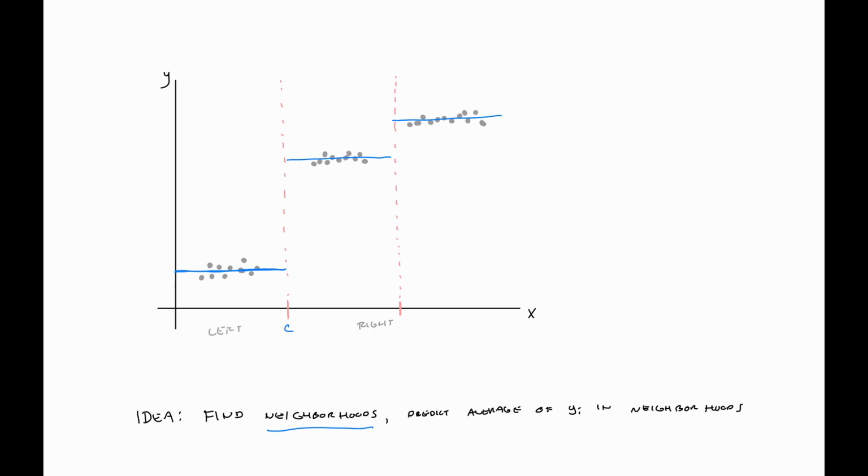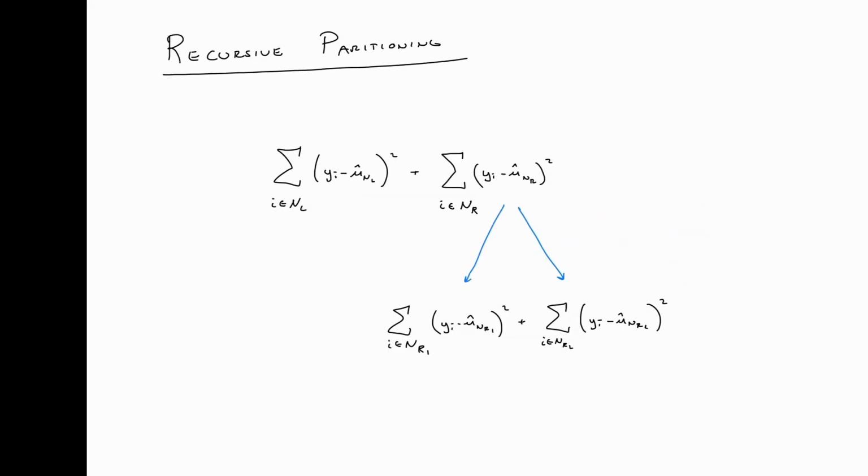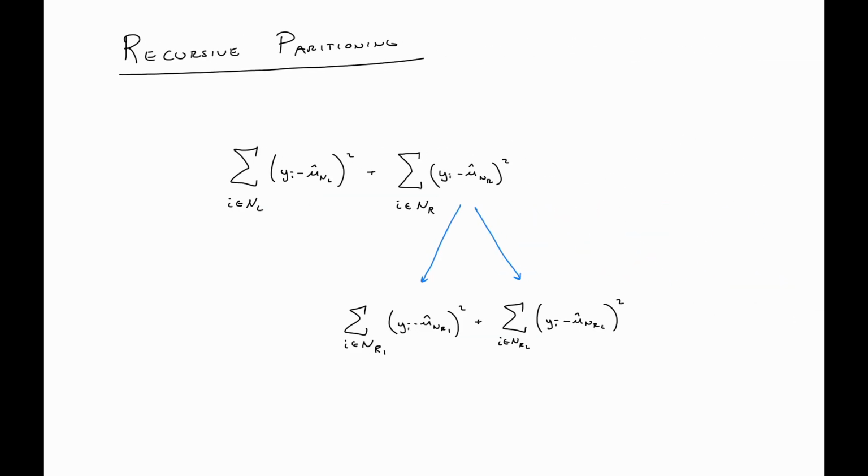So basically, anytime we create a new neighborhood, we then again try to split within that neighborhood. And we just recursively do that, well, forever until I tell you how to stop, but that's the idea. In this particular example, you can see right away that we should probably not keep splitting. So what I have in this slide is just to indicate that with this new split, this quantity here is the sum of squares error.